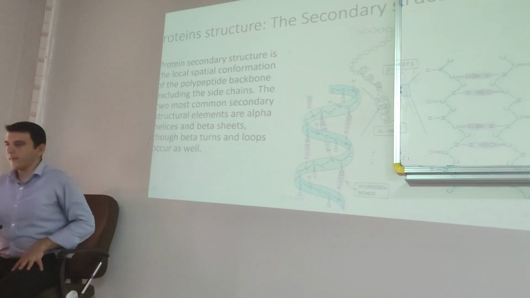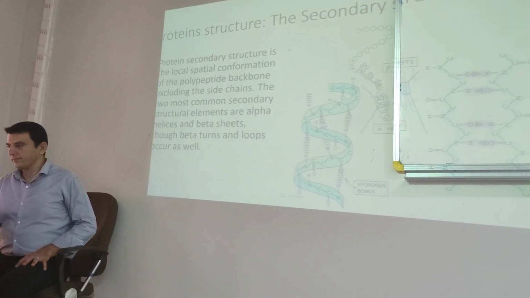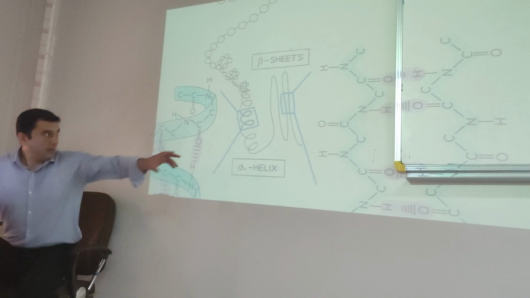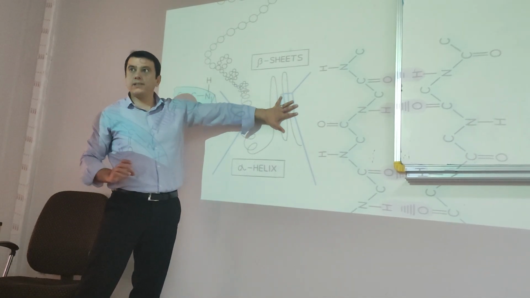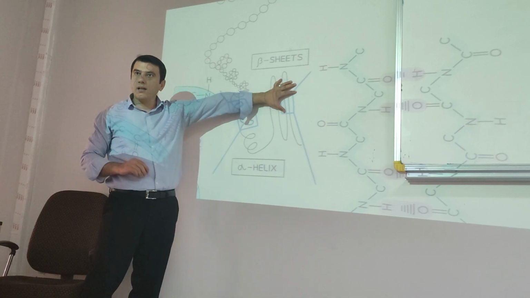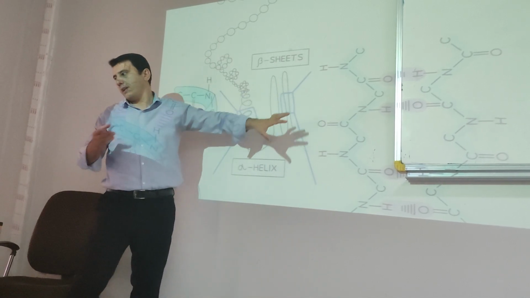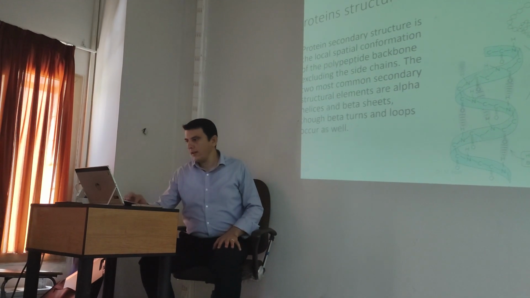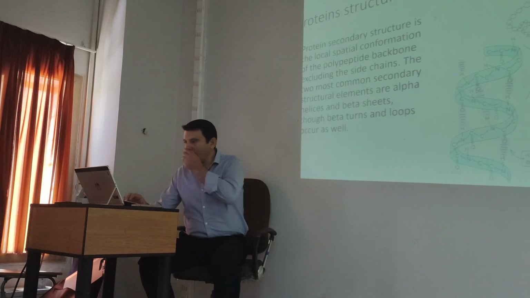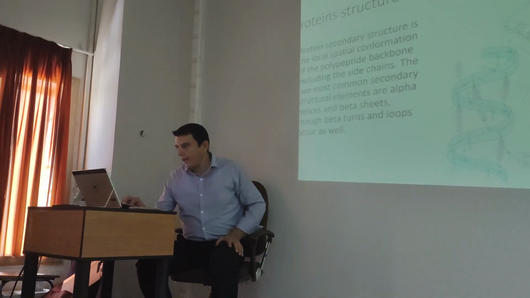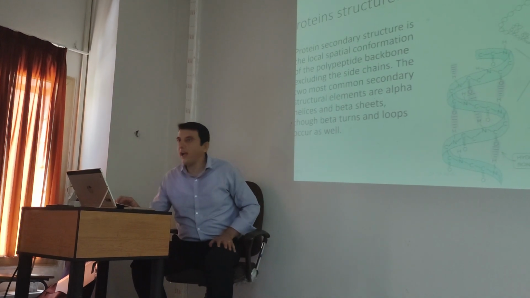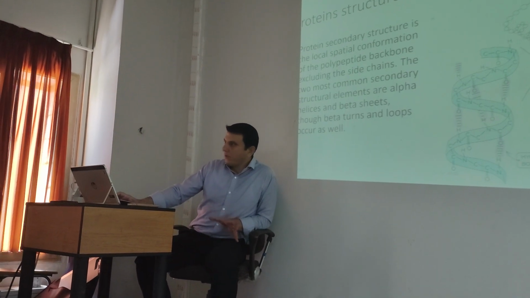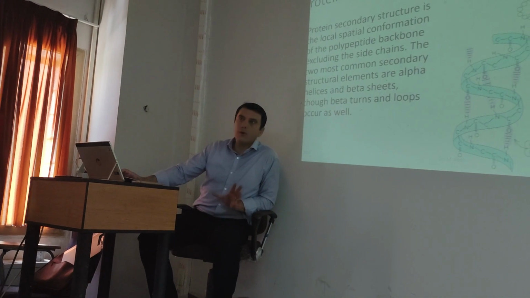Again, alpha helix and beta sheets are two main secondary structures of proteins. What are the linkage and bond for secondary structure? As far as I remember, I explained in detail what hydrogen bonds are, and you are completely aware of hydrogen bonds.